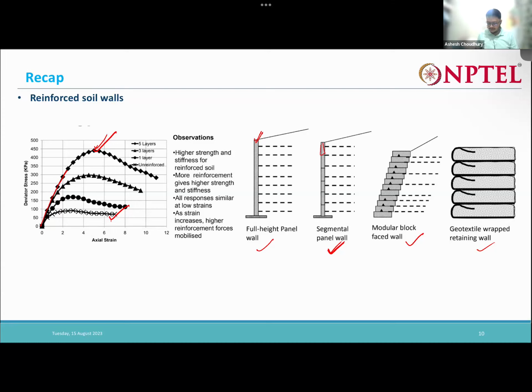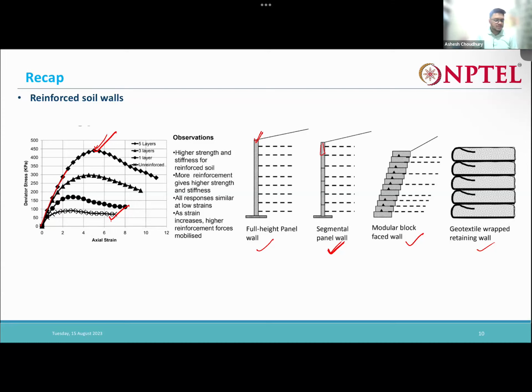They can cut it, they can burn it, they can pull it out. So many things can happen, and it will be risky. The reinforced soil wall may fail if you damage the reinforcement. So in that case, we don't leave the wall like that; we put some facing blocks at the front.